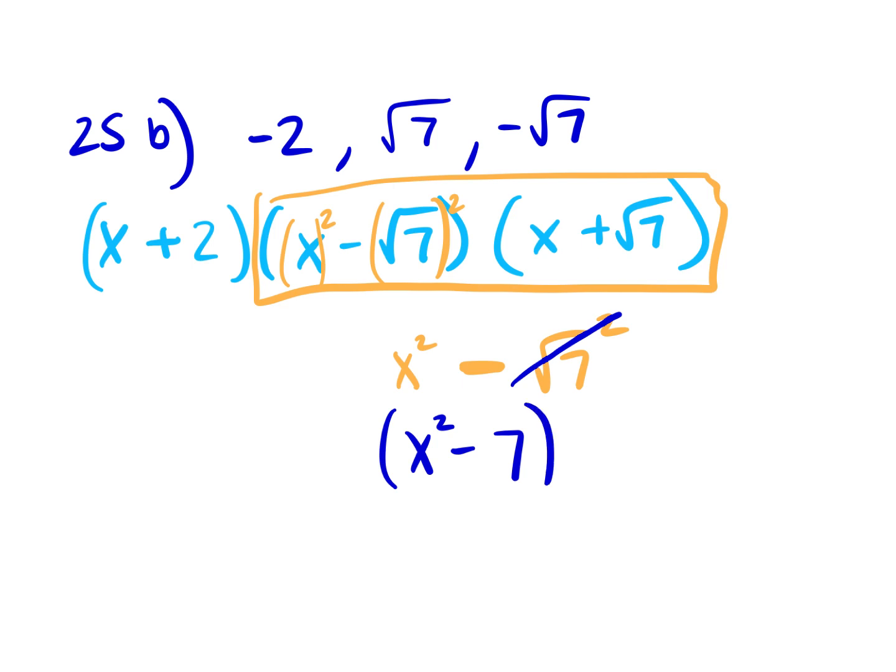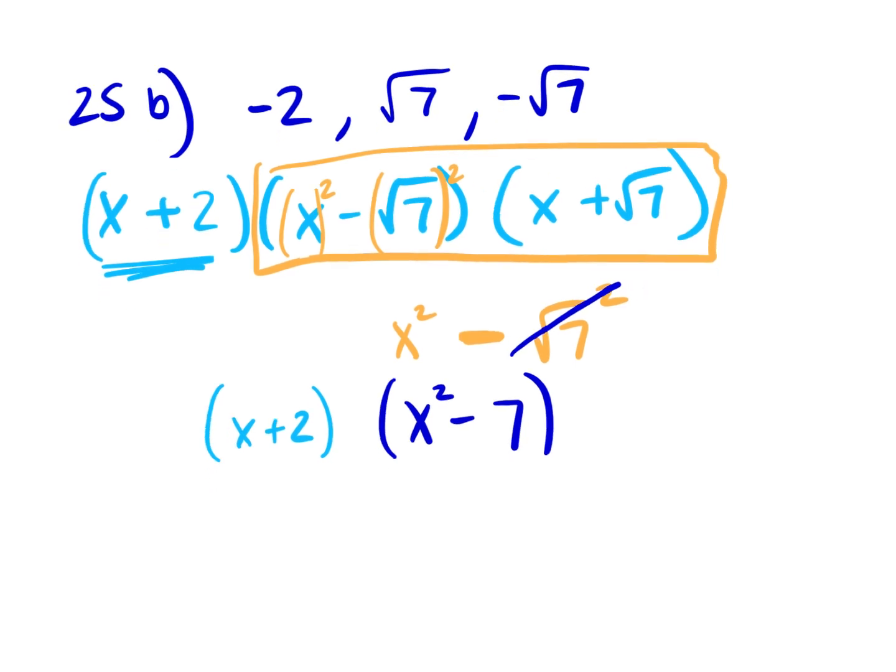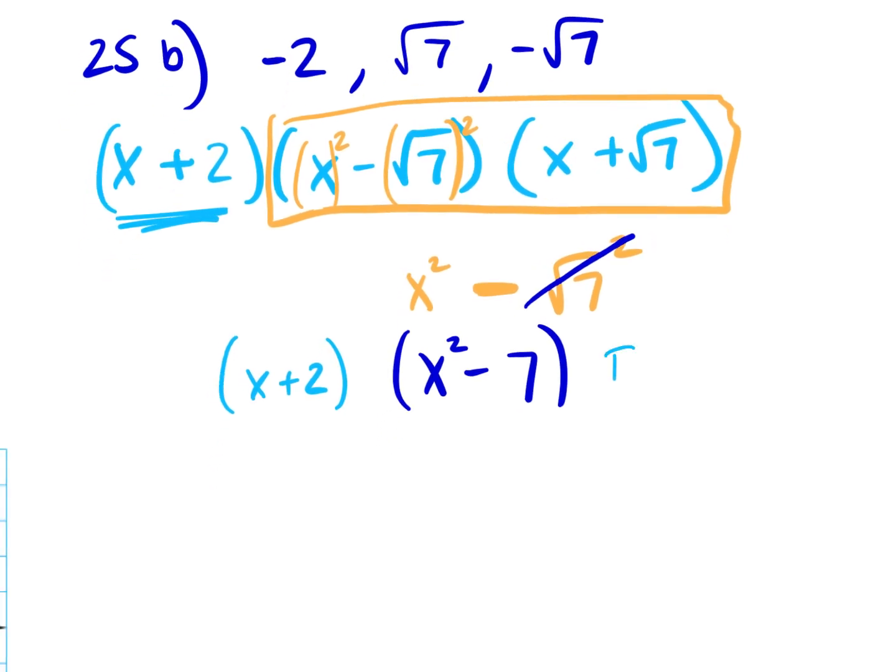What would I have to do next? We got to multiply it by x plus 2. We got to multiply all three together, so we can't forget about that one. So now when we multiply these, we're just FOILing. Let's multiply the first. We got x cubed.